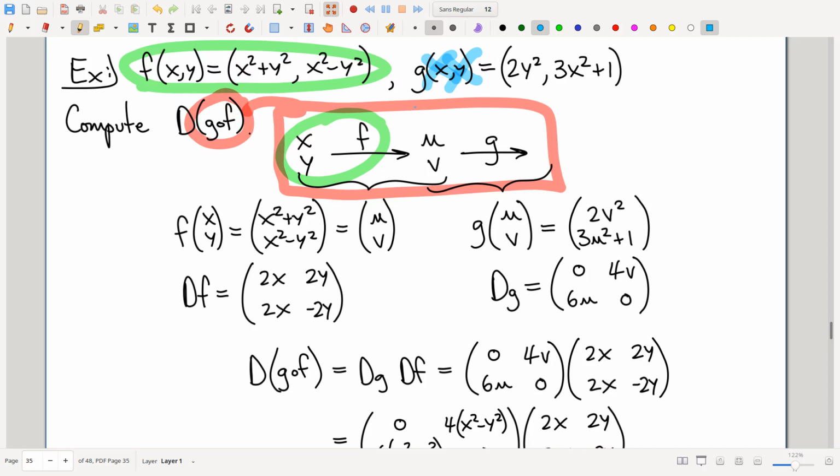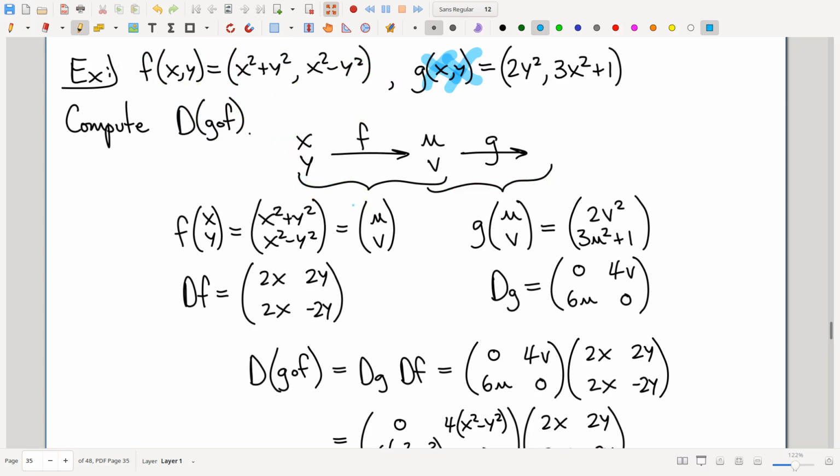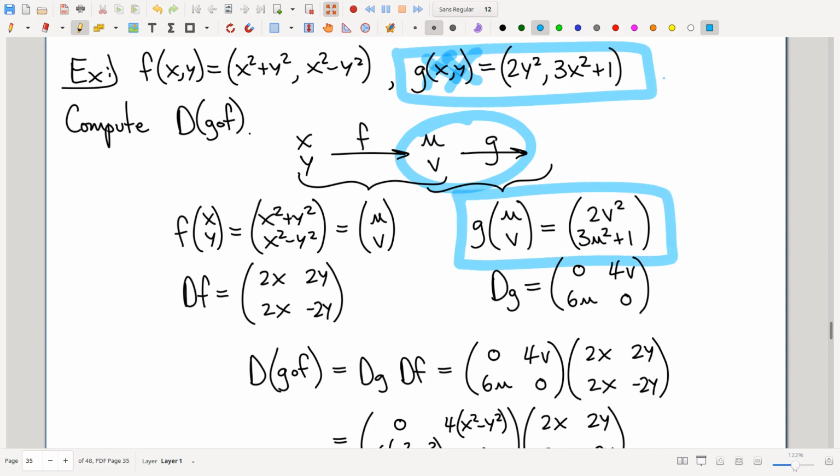All I'm going to do, because of this circumstance, is just rewrite g, no longer using x and y as my dummy variables. Now instead, just same exact function, I'm just going to use u and v as my dummy variables. Same exact function. It does not change g at all. I'm just writing it differently.